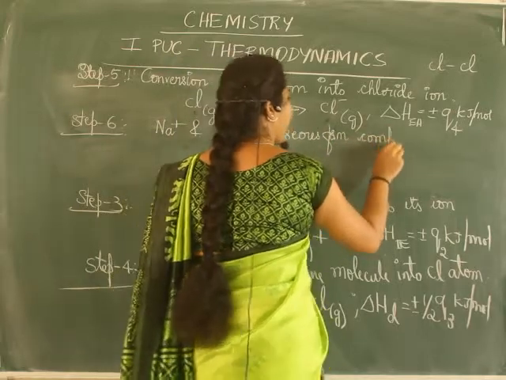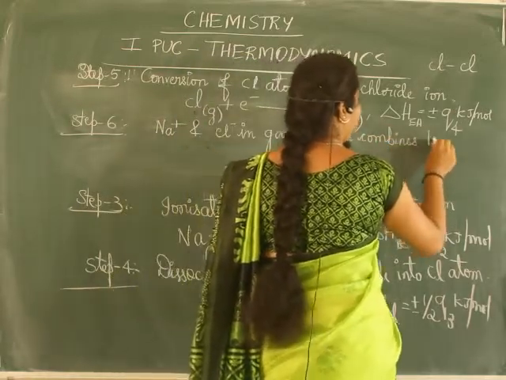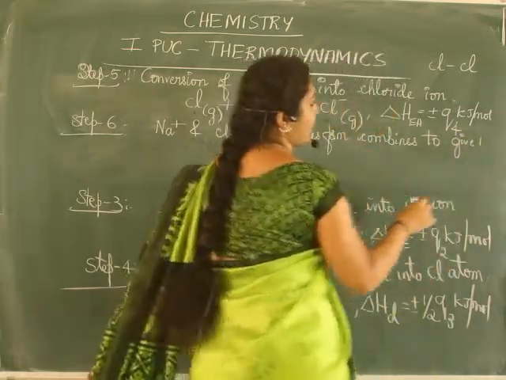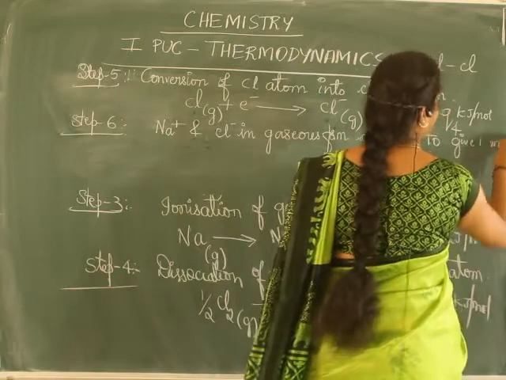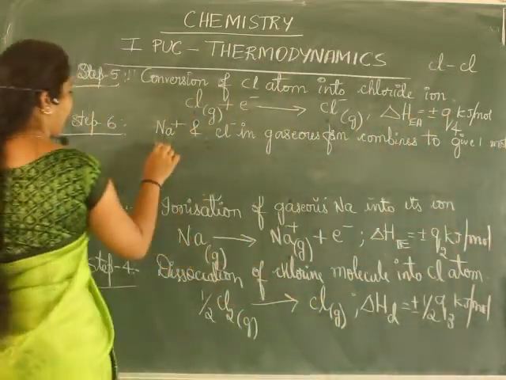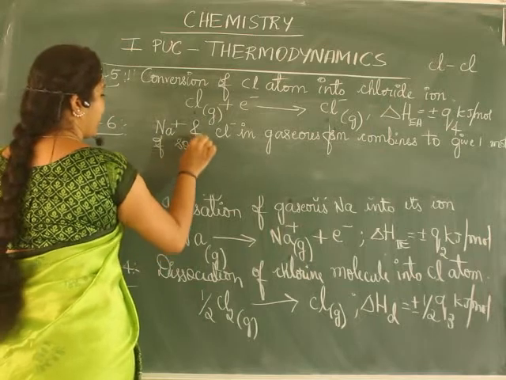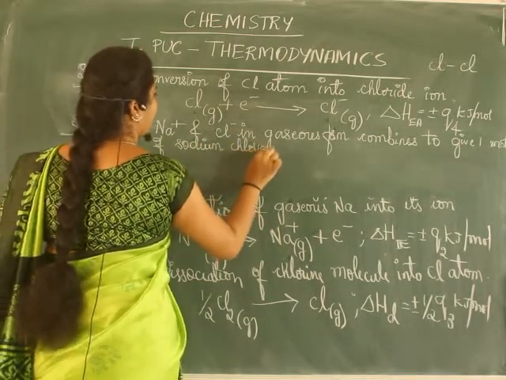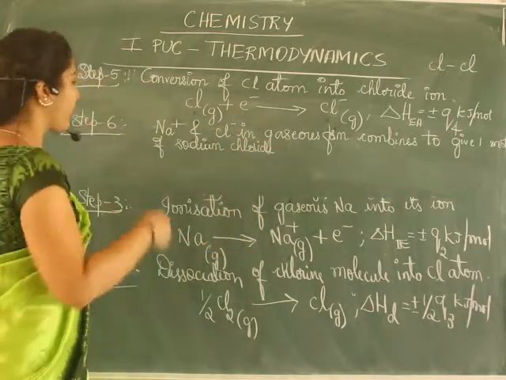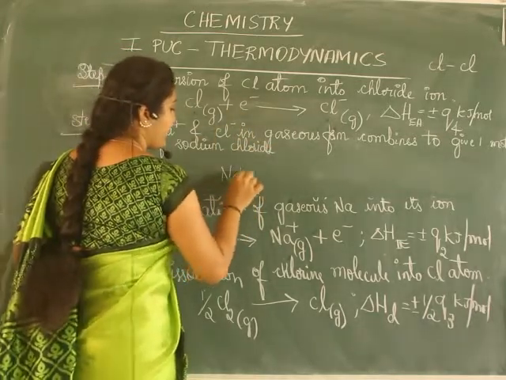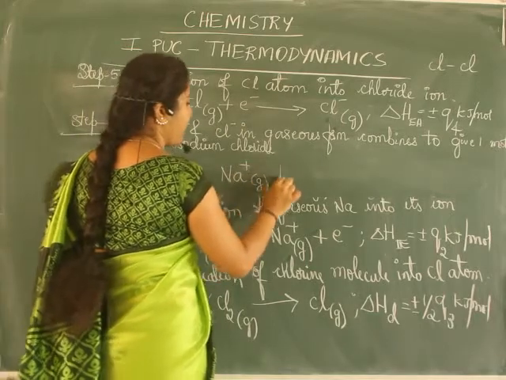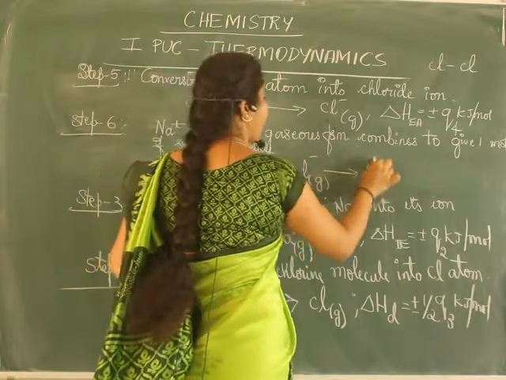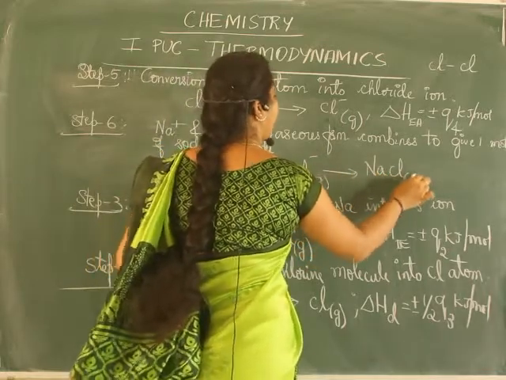combines to give 1 mole of sodium chloride. So Na plus in gaseous state combines with Cl minus in gaseous state to form NaCl solid.